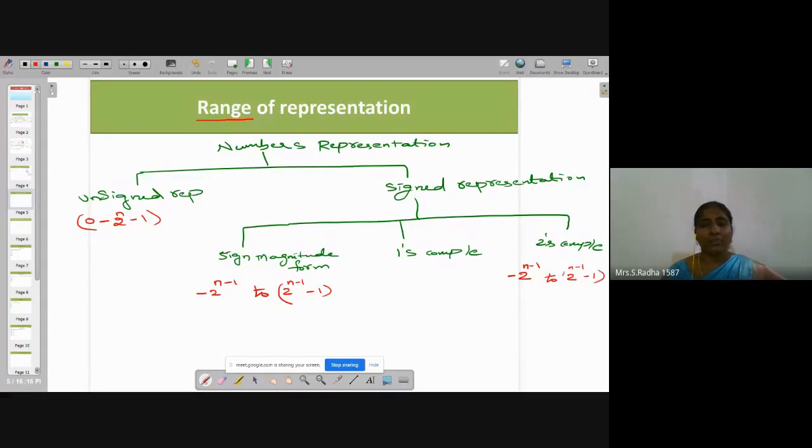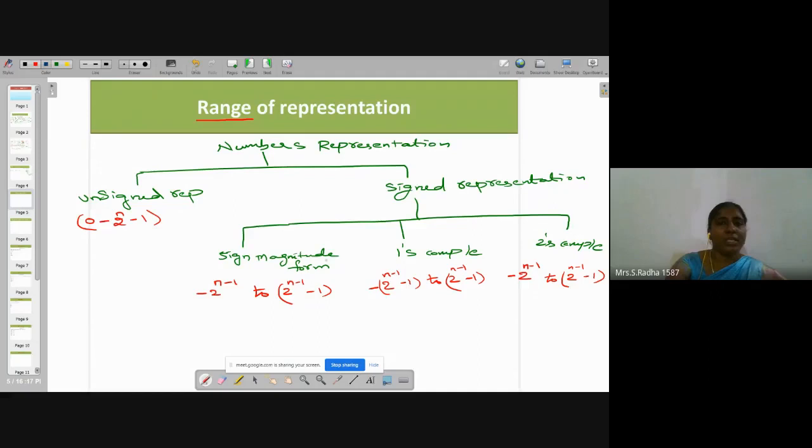But in ones complement representation, negative and positive are the same: 2^(n-1) minus 1 on the negative side to 2^(n-1) minus 1 on the positive side. I will explain what this means.